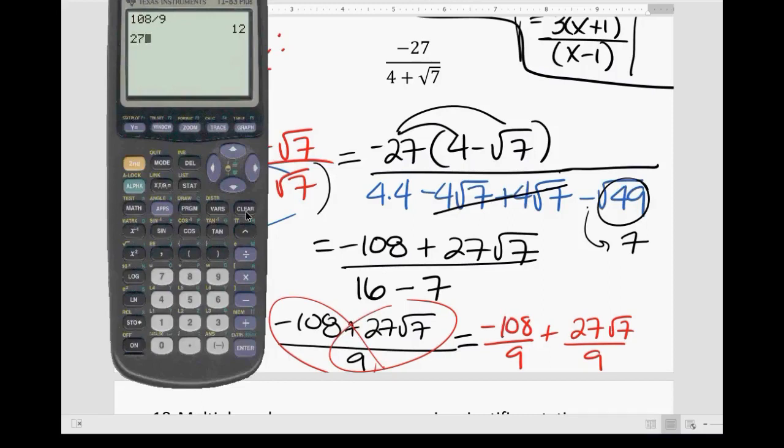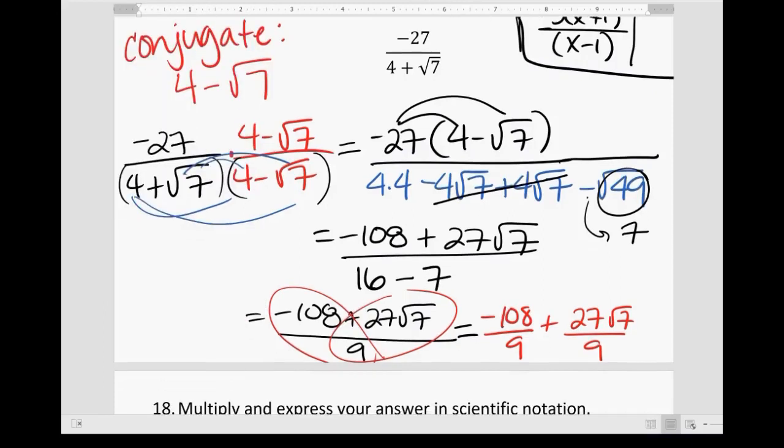Let's do 27 over 9. That gives me 3. So this actually can reduce nicely. So this would actually reduce and give me negative 12 plus 3 root 7.